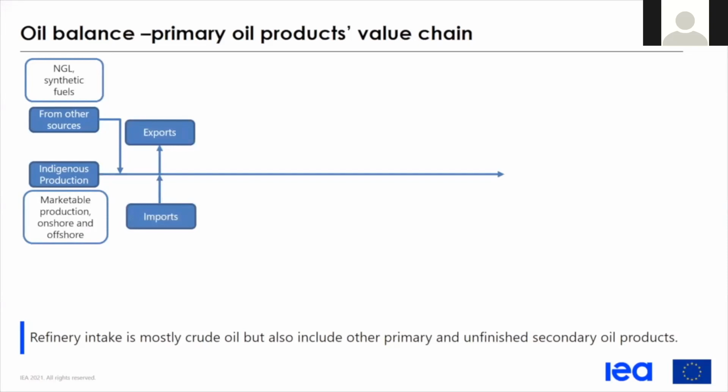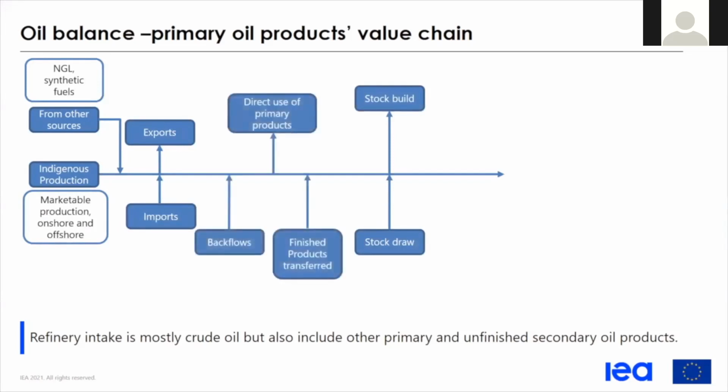Then we can also have some stocks, some crude oil that has been kept waiting for the demand to be used in the refinery. And then we have other flows of consumption and supply, such as the direct use of primary products. Crude oil can sometimes be used, for example, to generate electricity.